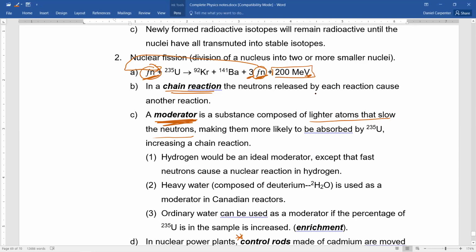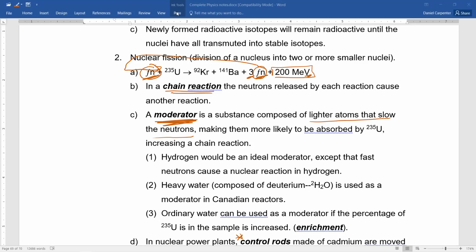Moderator, substance composed of lighter atoms, slow the neutrons, making them more likely to be absorbed by the uranium-235, increasing a chain reaction.